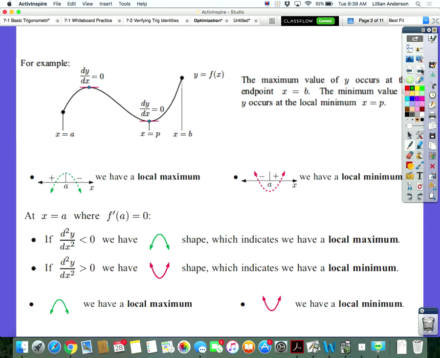If you look at this particular example, this endpoint is higher than this point here, so there's actually a maximum value that occurs at this particular x value. And if you look here, this point is lower than this point, so this would be the lowest point on the graph. So sometimes if the domain is restricted, you do also have to consider the endpoints to determine if it has a maximum or minimum located there.